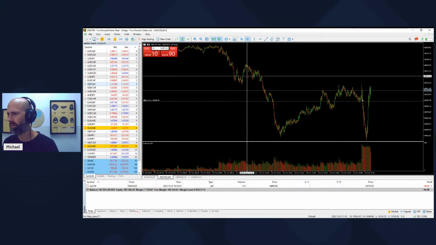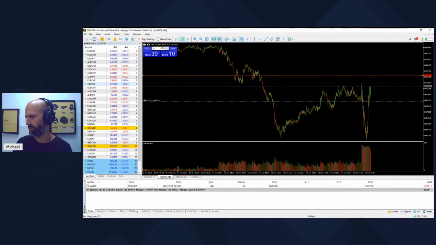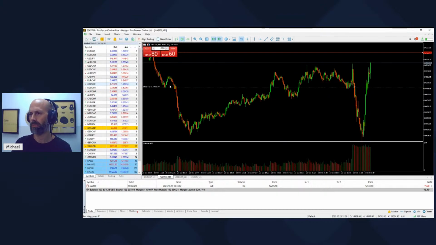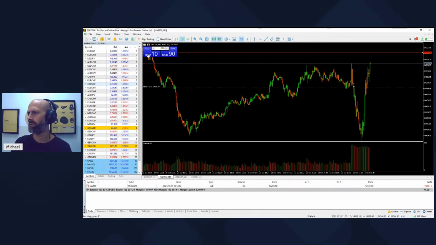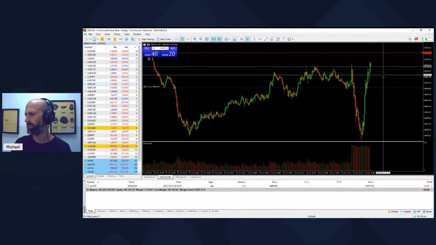I don't know why it disappeared, but there's a level that we talked about previously on the hourly chart. It's around here. Yeah, right about here. So this is a place I would add to my position. If the price will continue to this red line, I can add to my position.